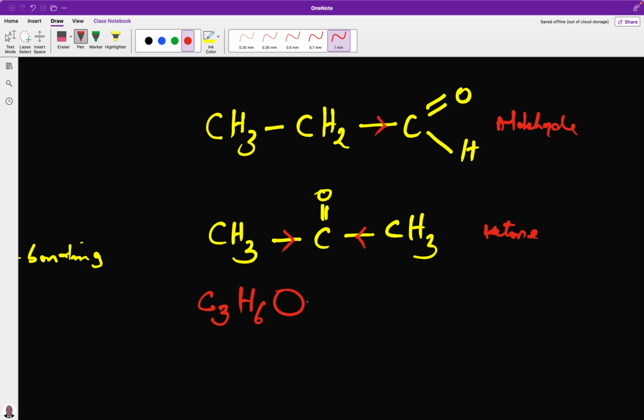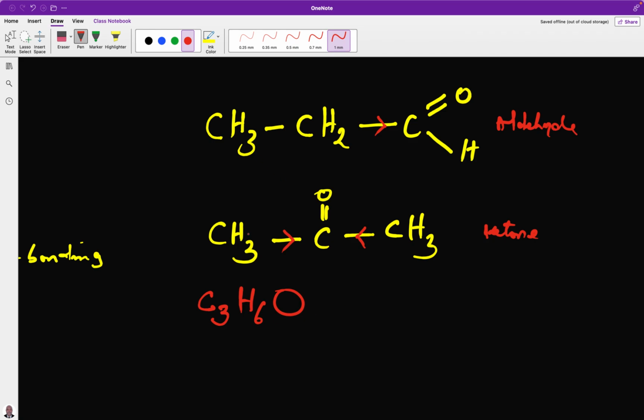For that reason, the intermolecular forces in ketones are higher than those in aldehydes, and that gives the ketone a higher melting point and higher boiling point than its corresponding aldehyde. We were given an example of propanal and propanone.